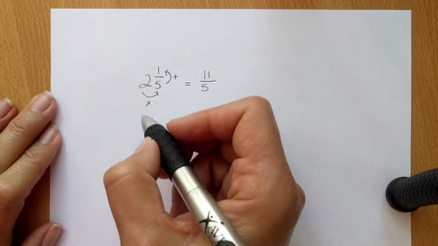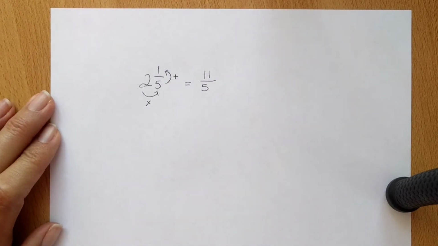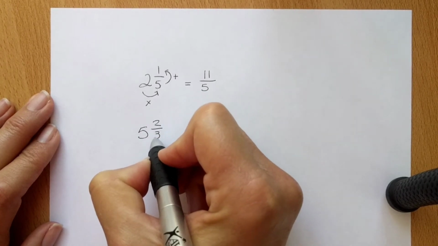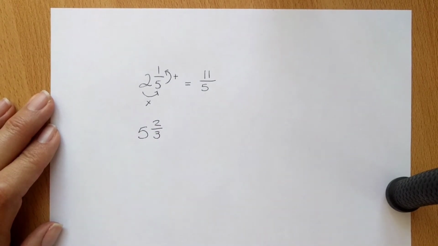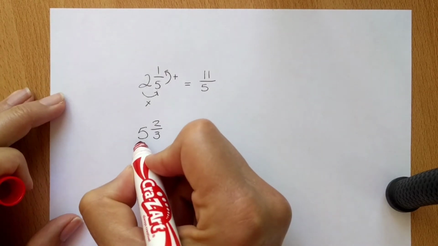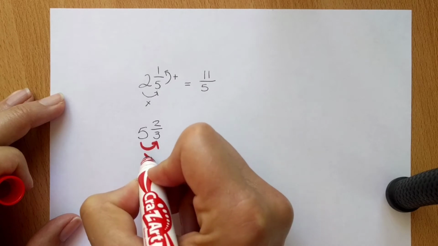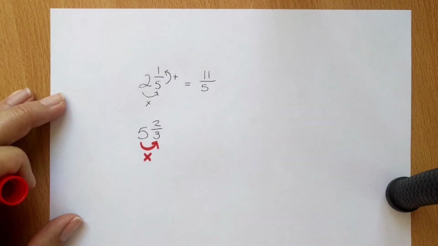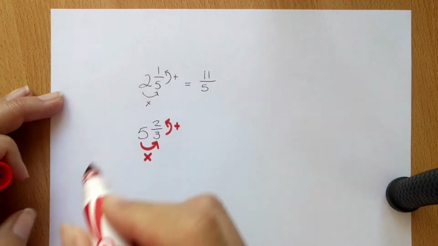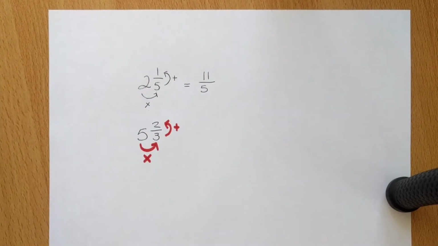Let's try that again. Let's make up another one. How about 5 2/3? And we're going to convert that into a fraction greater than 1. So I'm going to multiply. That's the first operation. Second operation is adding. All right.